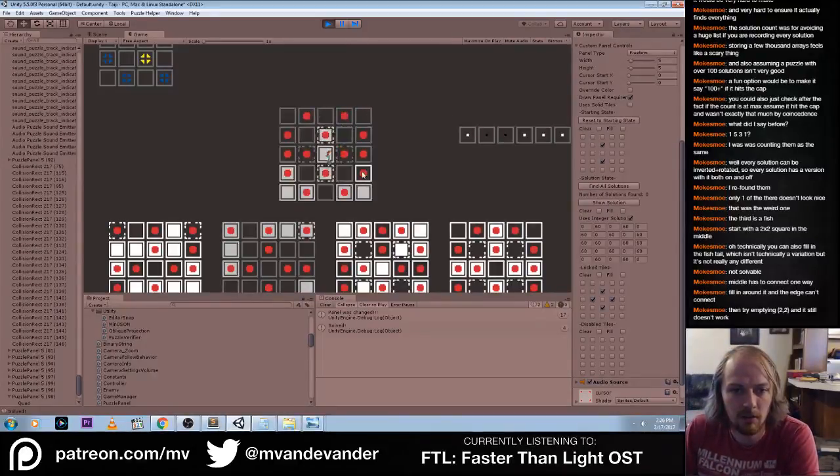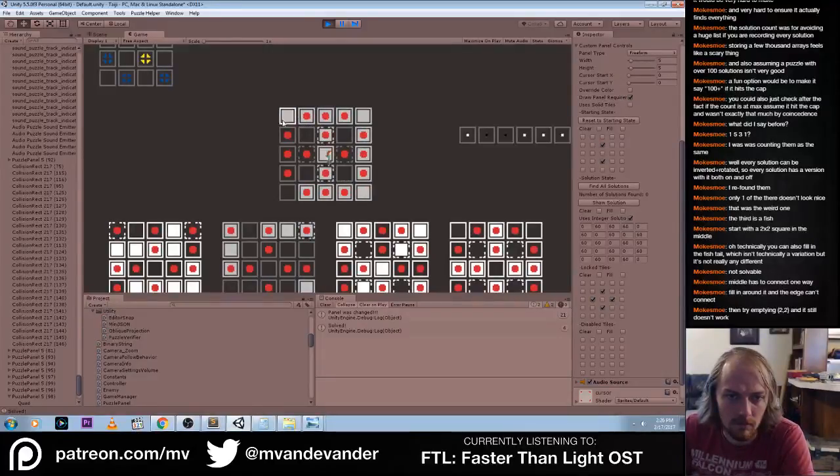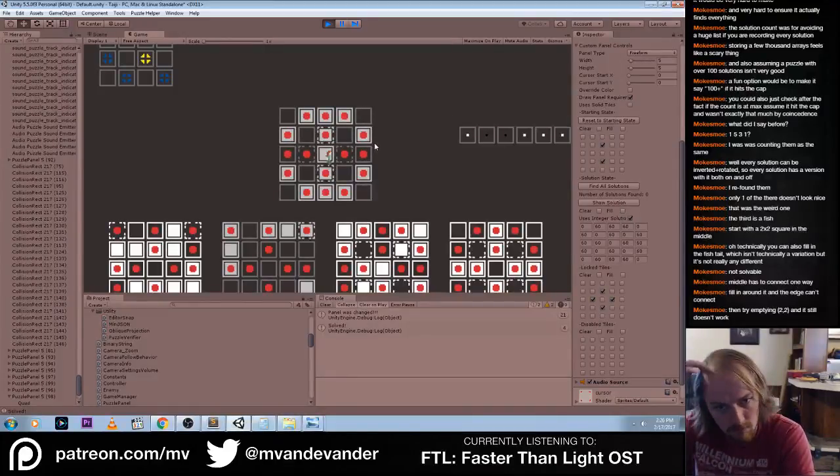Try emptying 2, 2. What? Middle has to connect one way, filling around it, and the edge can't connect. Okay. Yeah, the edge can't connect because of that.